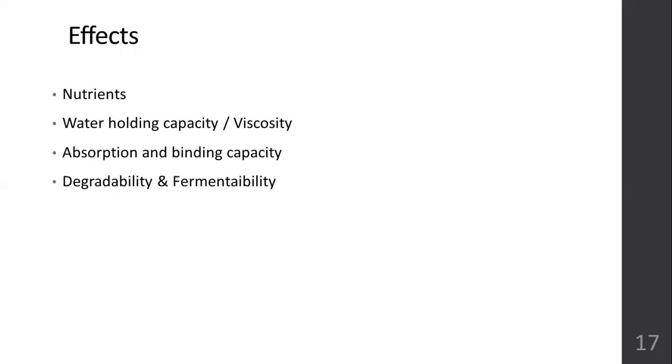Then you have degradability and fermentability. Fermentable fibers are soluble fibers like pectins, gums, oatmeal, wheat bran, psyllium. These can be fermented. The bacteria present in your colon try to eat this dietary fiber, and they produce hydrogen, carbon dioxide, and methane gases.